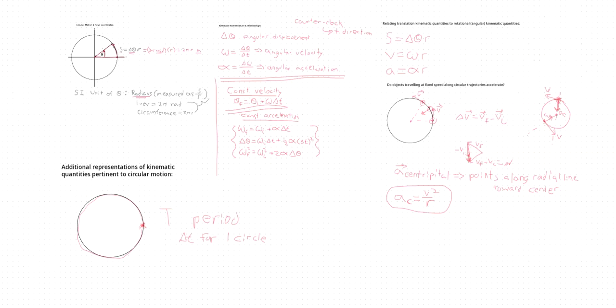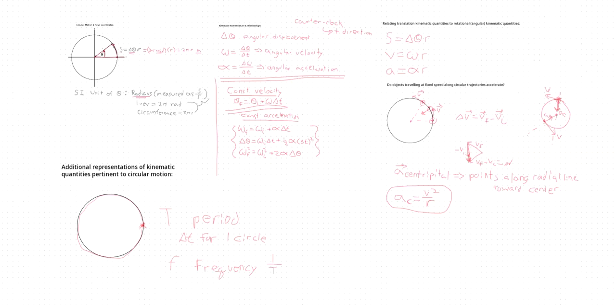Similarly, for circular motion, you can represent a frequency, lowercase f, frequency. And for cyclical motion, any type of motion that involves starting at some point and then periodically coming back to that point, frequency is 1 over period.